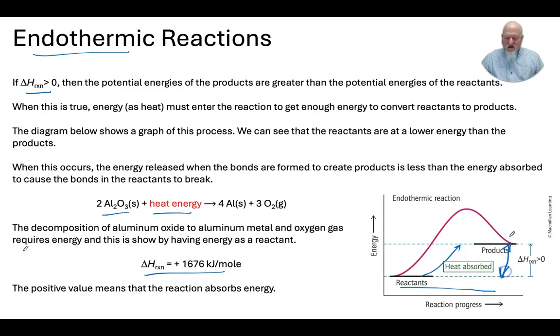That's that space between the two, that if we have 1 mole of aluminum oxide, to get to products, the aluminum metal and the oxygen, we need to put in 1,676 kilojoules of energy. Okay, the positive there means that the products have more energy than the reactants, so that means we have to put energy in. If delta H is negative, energy is being released. If delta H is positive, energy is being put into the reaction.